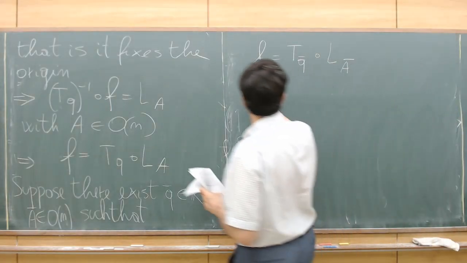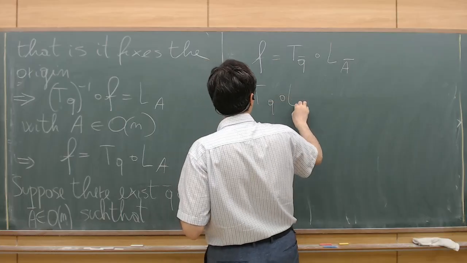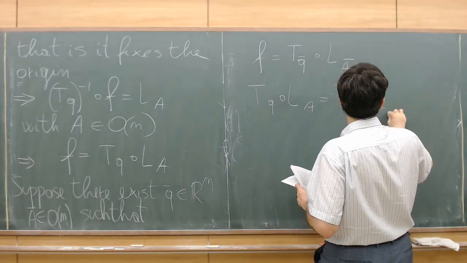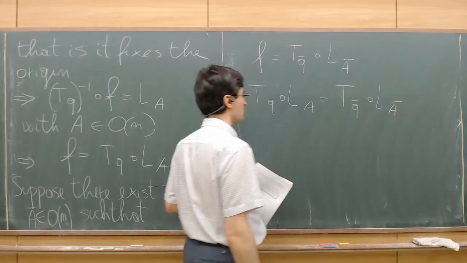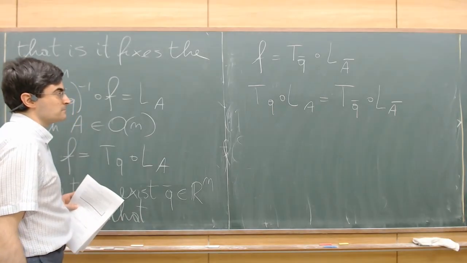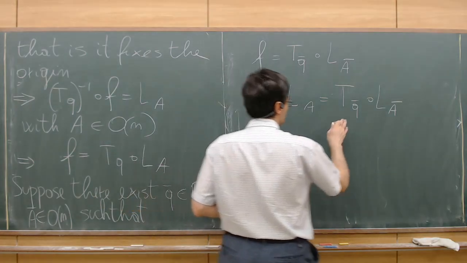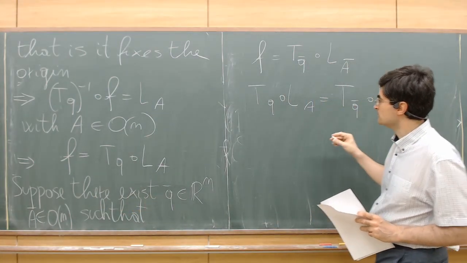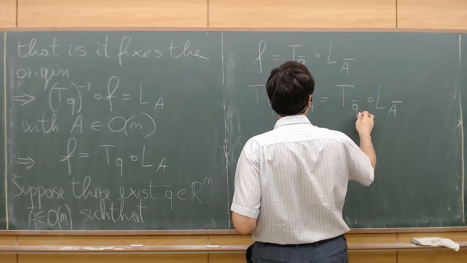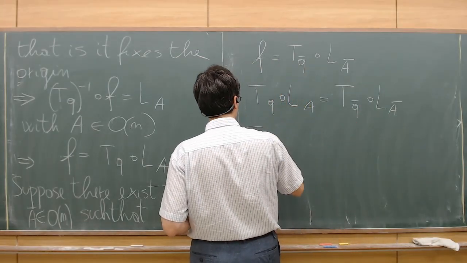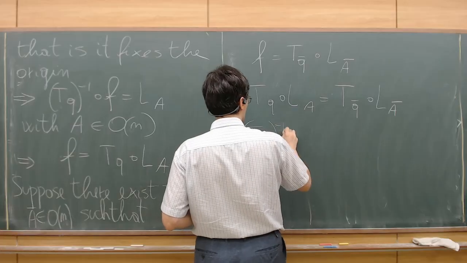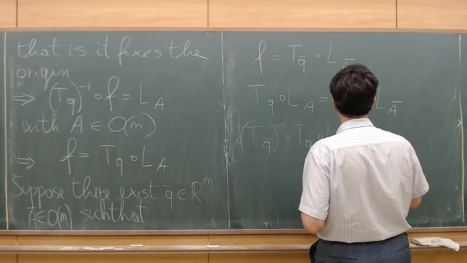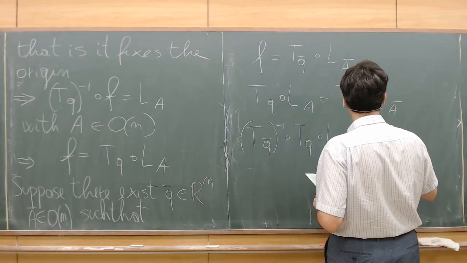Okay, then TQ composed with LA is equal to TQ bar composed with LA bar. Then if we compose, for example, both sides with the inverse of TQ bar, we get TQ bar inverse composed with TQ composed with LA equal LA bar.